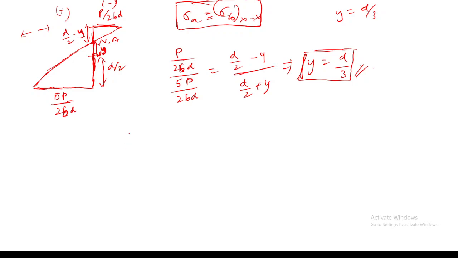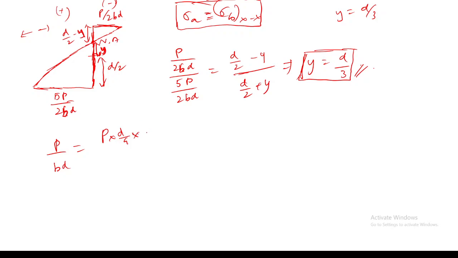Sir, in equating this bending stress, what bending stress are we taking? See, for equating the bending stress, you need to keep the value of y as y itself. For example, the axial stress will be P by BD, whereas the bending stress will be P into E, which here E is D by 4.